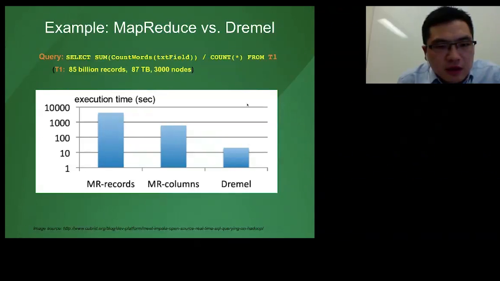With MapReduce, the record-based, or row-based, approach takes a few hours, while the column-based one takes a few minutes. With Dremel, it only takes a few seconds. So there's a big difference.